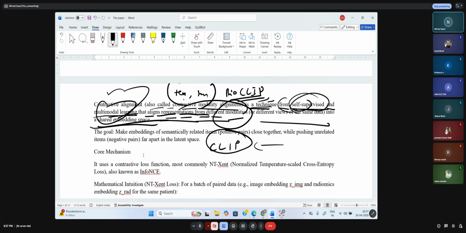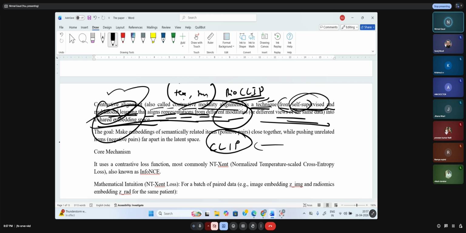We took both of them and trained those encoders to make a huge model called CLIP. Different modalities, different views on the same data: text for that, images for that, into a shared embedding space. That means text and image are both in the same embedding space.